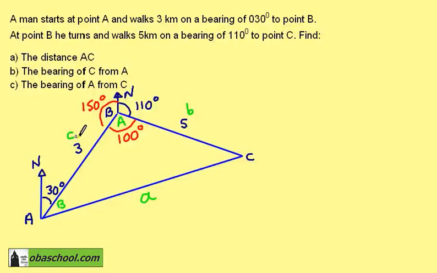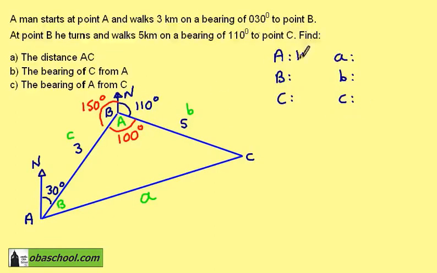So we've relabeled the triangle to fit with the formulae that we get given in a formula sheet. Listing out the information given, we have angle A and side a, angle B and side b, angle C and side c.